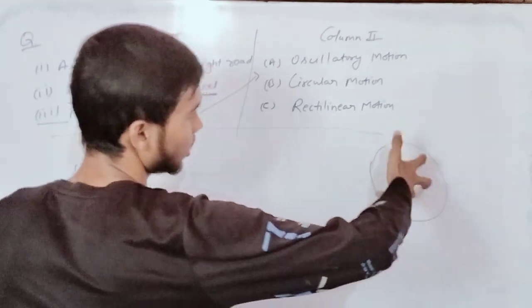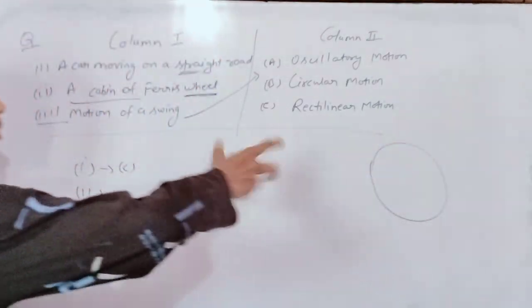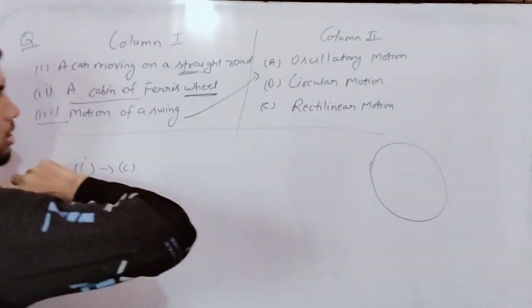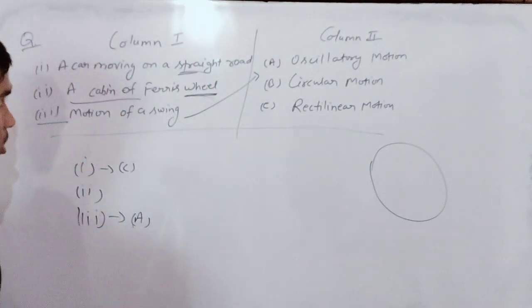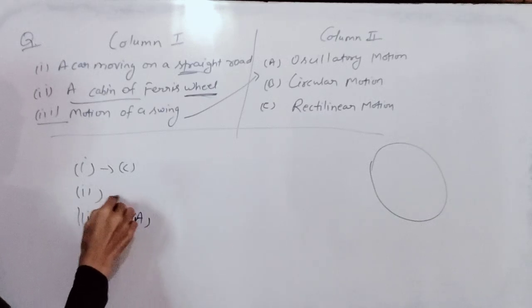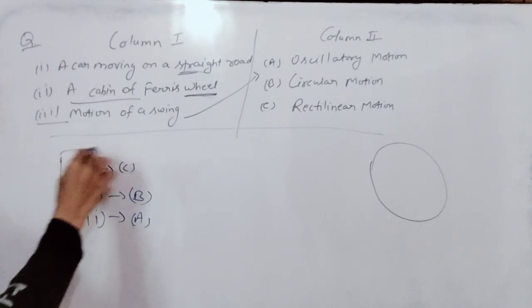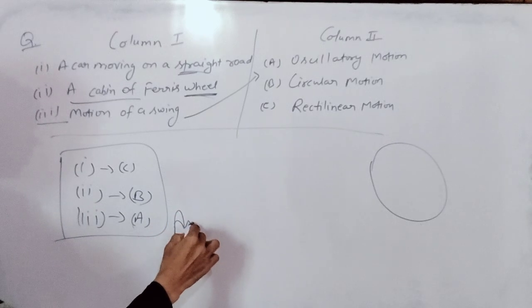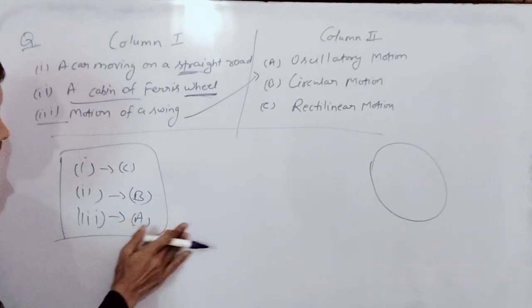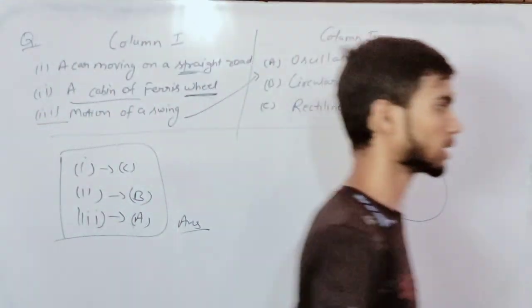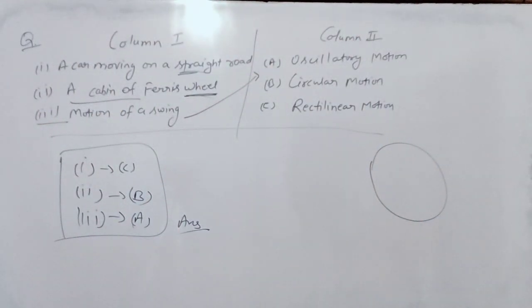It is moving in a circular motion. The motion of this vehicle is circular motion. That's why second is B. This is the answer. Did you understand? That's what we covered from this slide, from this lecture.